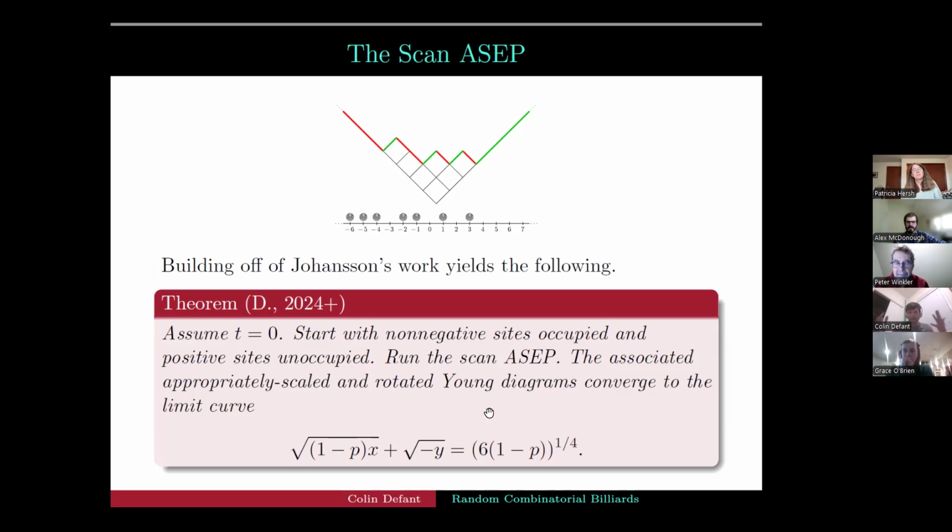So I expect maybe something like that where you scale by 1 minus p, except I looked at the way that Tracy and Widom actually do this, and I couldn't see how to modify it in an appropriate way. They're solving a bunch of equations and setting up complicated systems, and I didn't see how to do that in this setting. But there's a nice trick you can do when t is 0 that reduces this to Johansson's case. So I'm building very heavily off of his work using this nice trick. I don't have that trick if t is not 0.